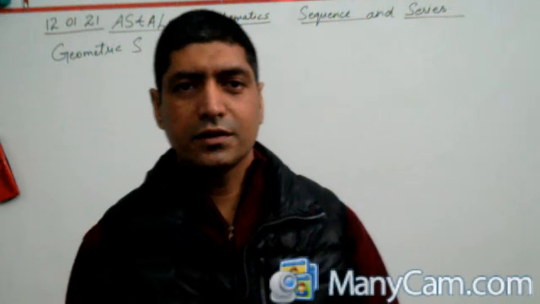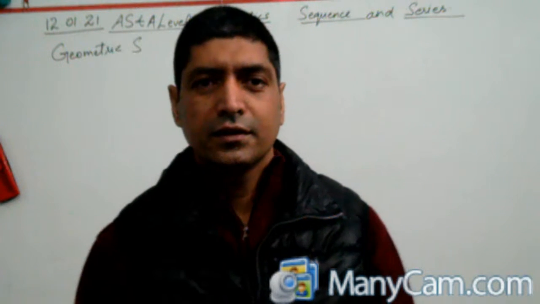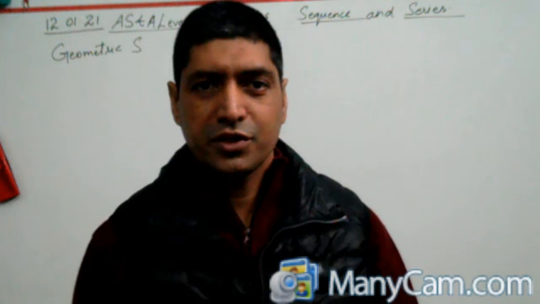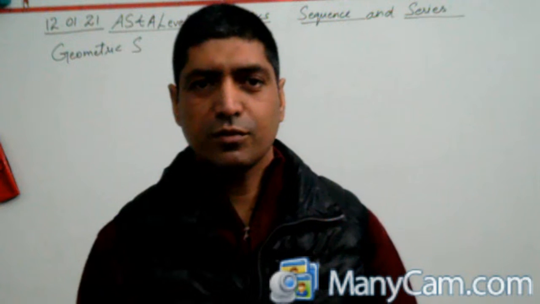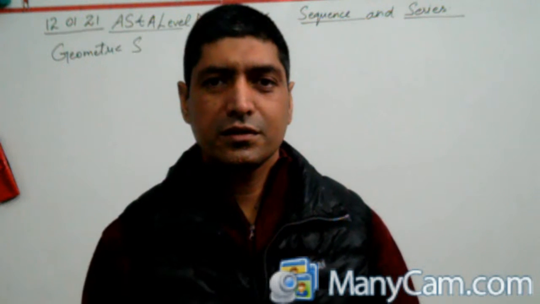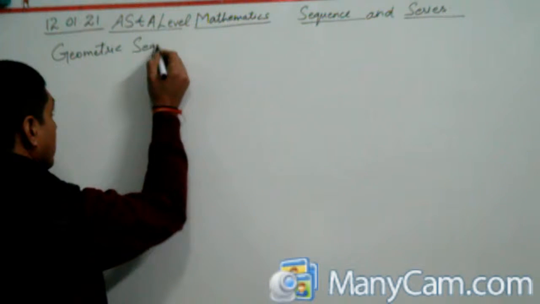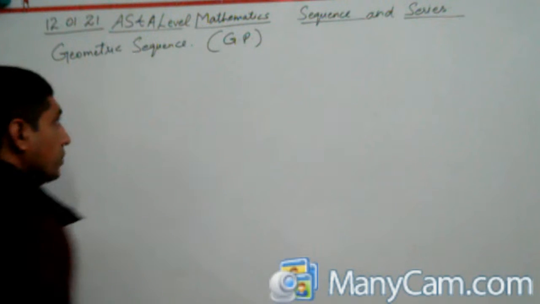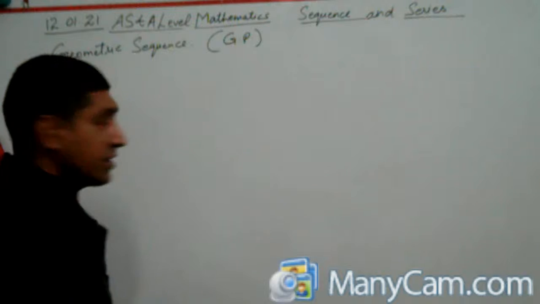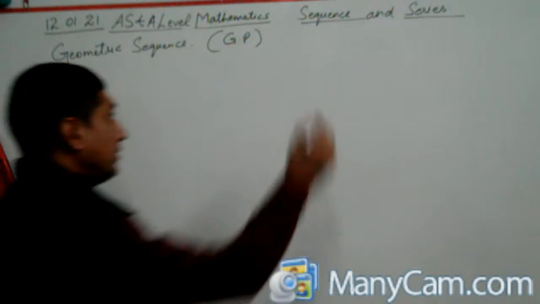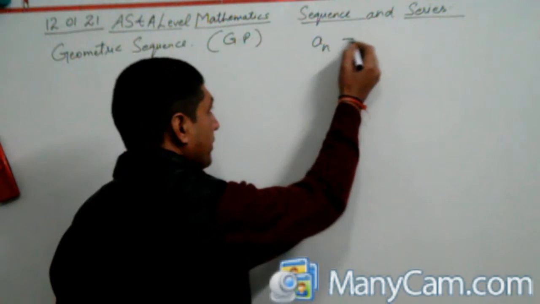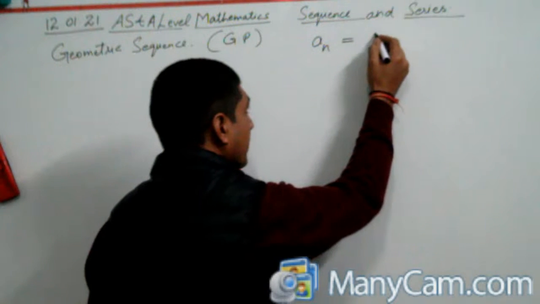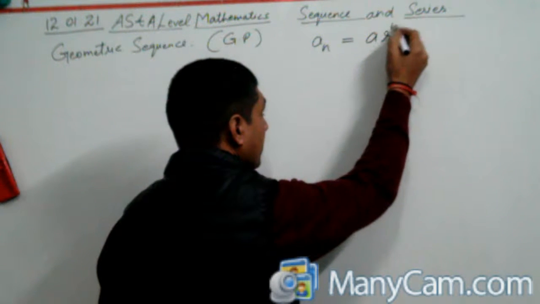We are doing sequence and series, right? We have earlier discussed arithmetic progression, where we discussed the common difference. Now we are doing the geometric sequence, also known as GP, geometric progression. We have studied that the nth term of a geometric sequence is a times r to the power n minus 1.